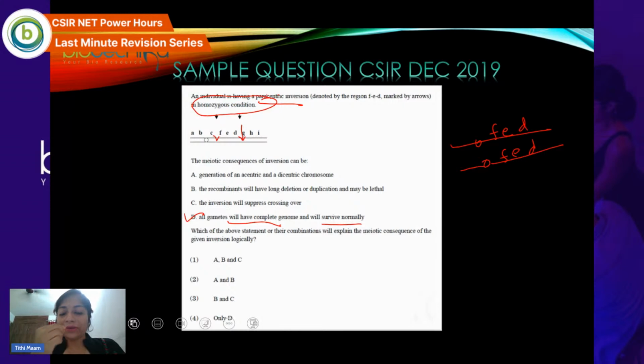So in this condition, yes, the gametes will have the inversion, but that will not result in the formation of any inviable gamete. Is it clear, everybody? So it is important to read the question carefully.